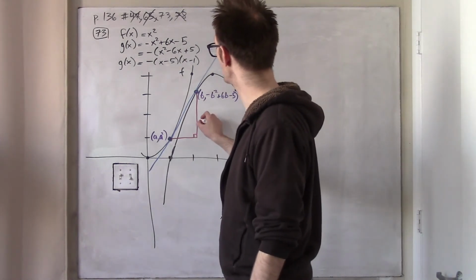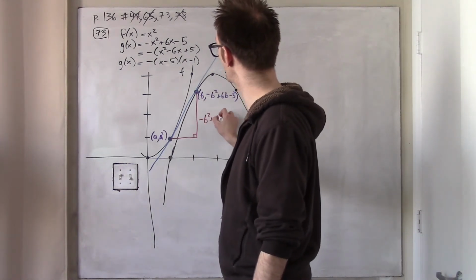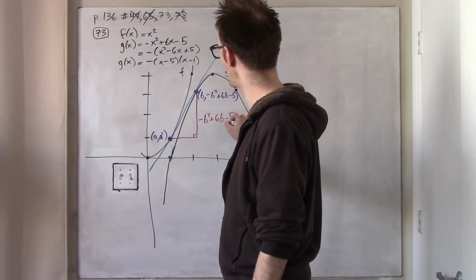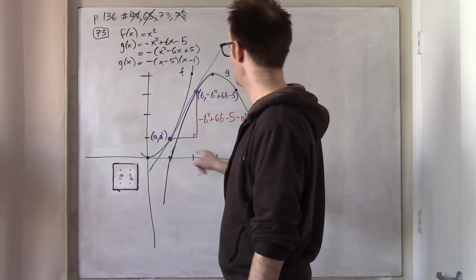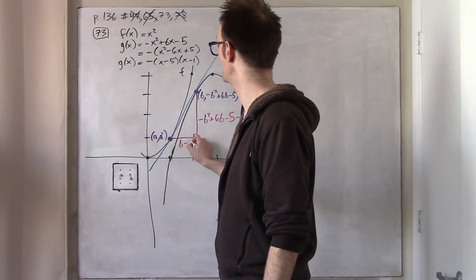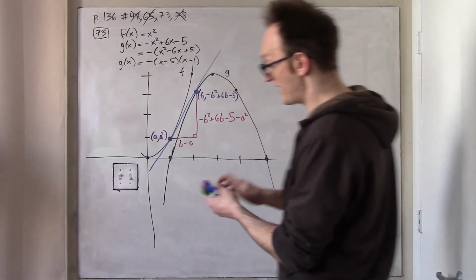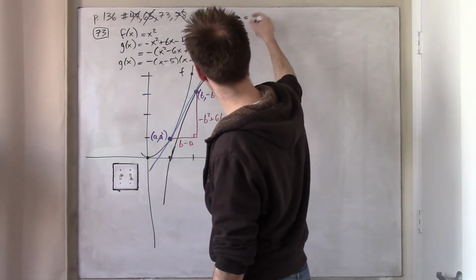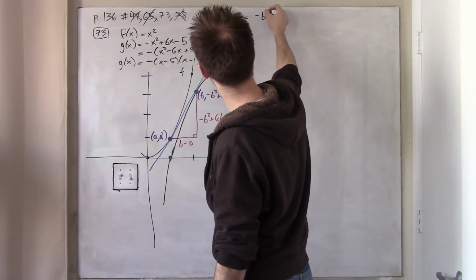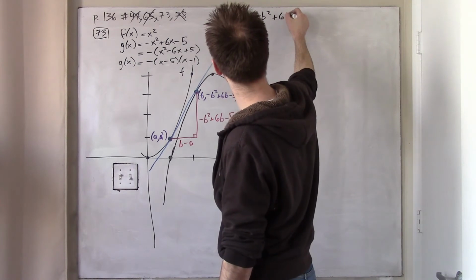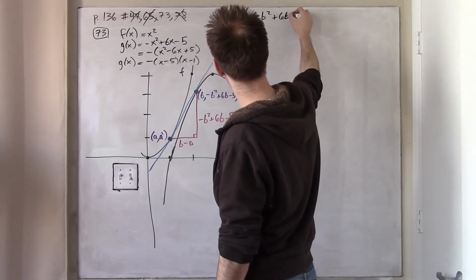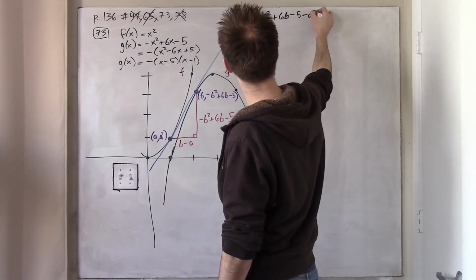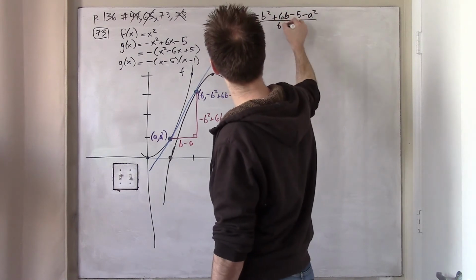The change in y is negative b squared plus 6b minus 5 minus a squared, and the change in x is just b minus a. So on the one hand, the slope of this line is negative b squared plus 6b minus 5 minus a squared, over b minus a.